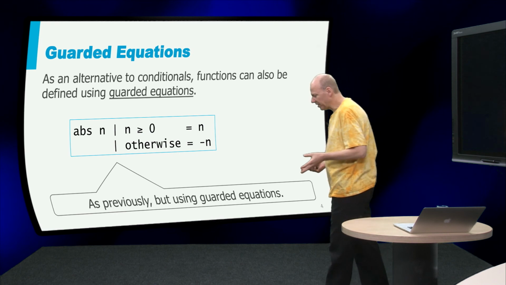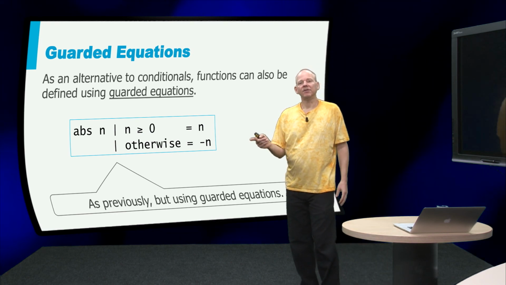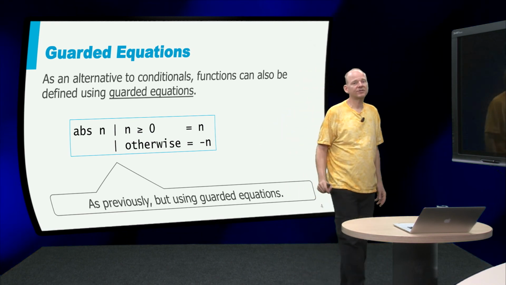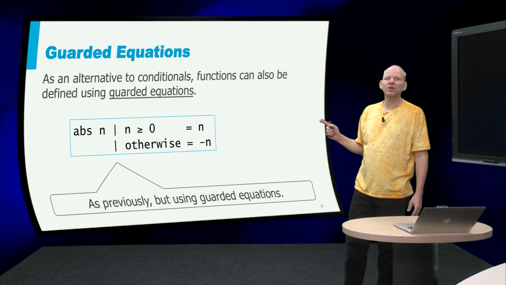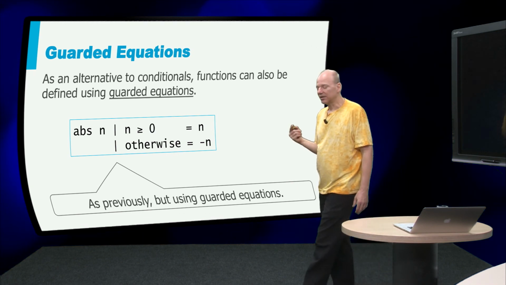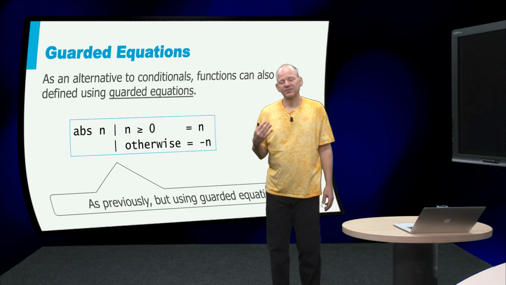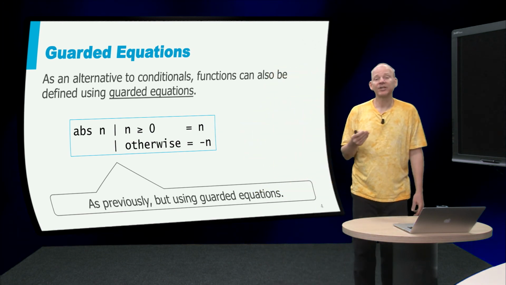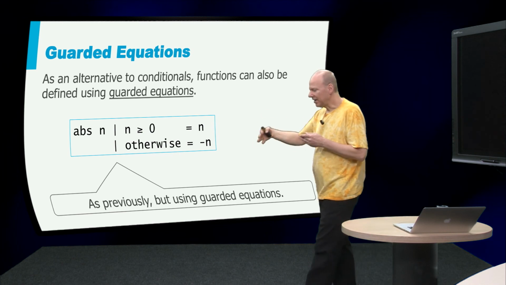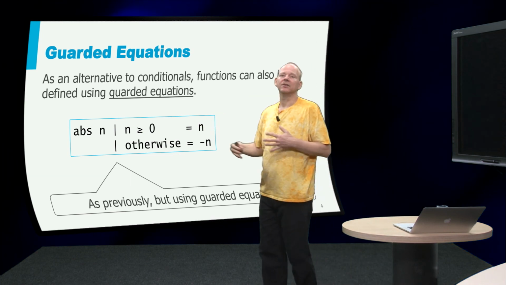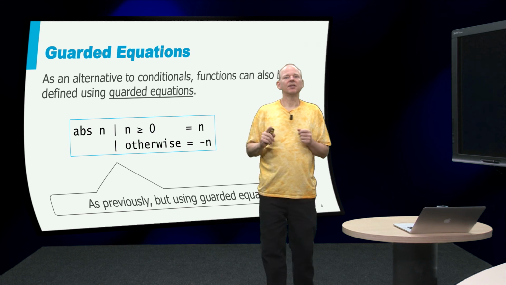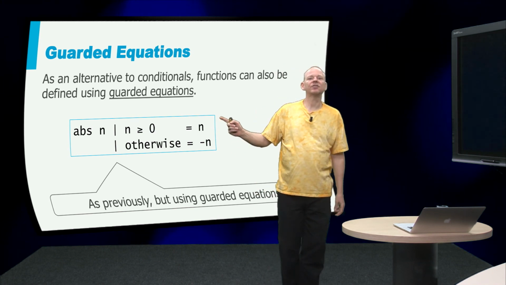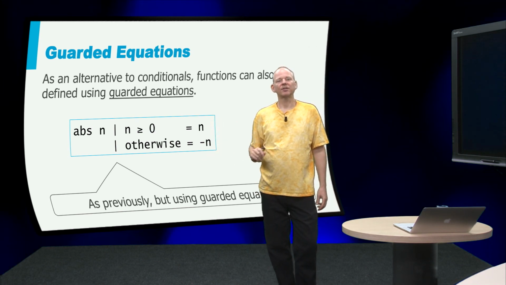Now, because Haskell people like brevity, they often don't use conditional expressions, but they use so-called guarded equations. A guarded equation captures a common pattern where a function starts with a conditional. So if the right-hand side of a function definition immediately has a conditional, it's often nicer to use this form with guarded equations.